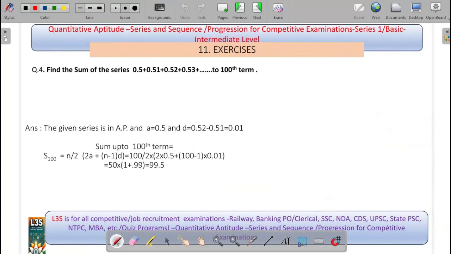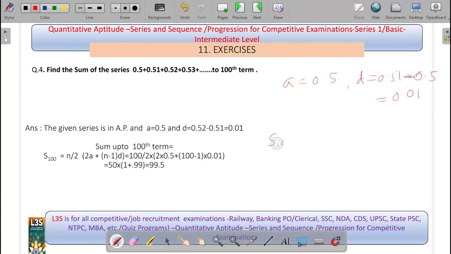Find the sum of the series 0.5, 0.51, 0.52, 0.53 up to 100 terms. So here a is equal to 0.5, and d is equal to 0.51 minus 0.5, which is 0.01.